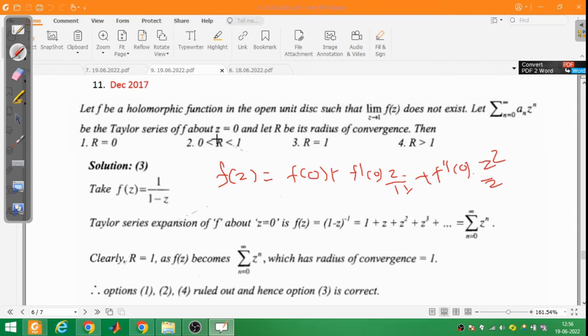Because we want it about z equal to 0, we directly write z, otherwise z minus z naught, the whole square. Here z naught equals 0. Plus and so on.